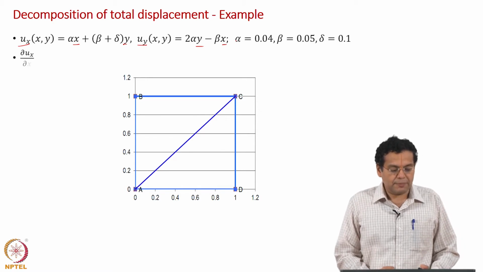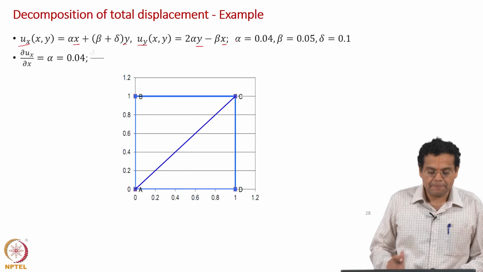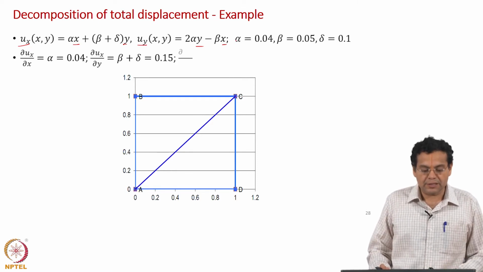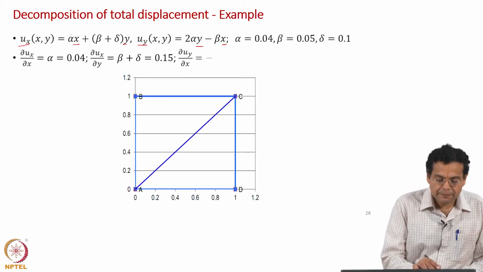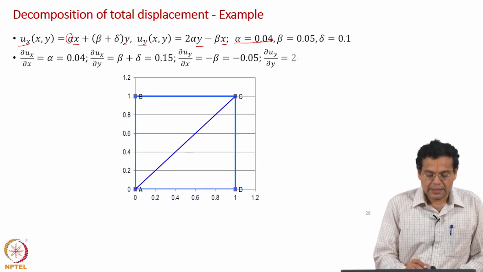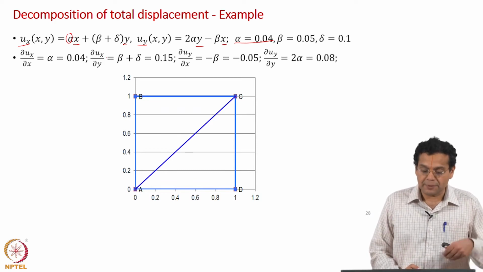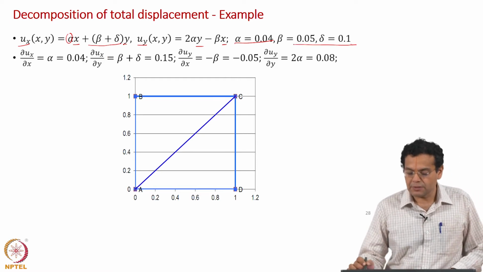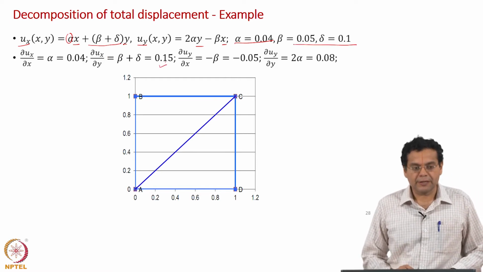So, dou u x by dou x, which means differentiating the x component, you get alpha, the value of alpha is 0.04. Then differentiate dou u x with respect to y, you get beta plus delta, and if you sum these two you get 0.15.